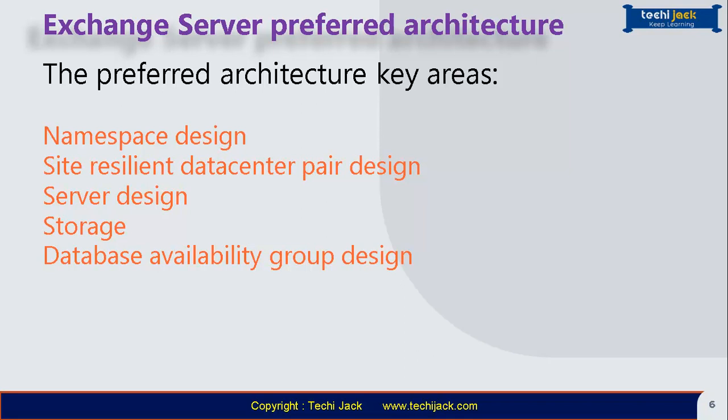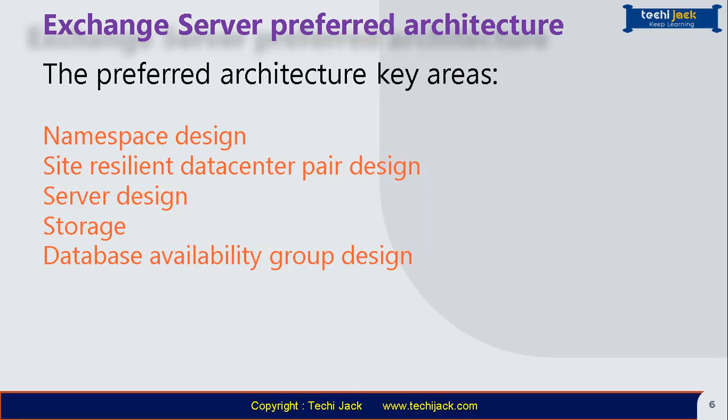If an organization does not have a third location, the witness server can be placed in Azure. To achieve data resiliency, deploy multiple database copies that are distributed across the site resilient data center pair. With this strategy, mailbox data is protected from software, hardware and even data center failures.